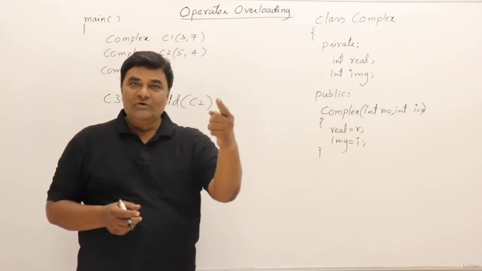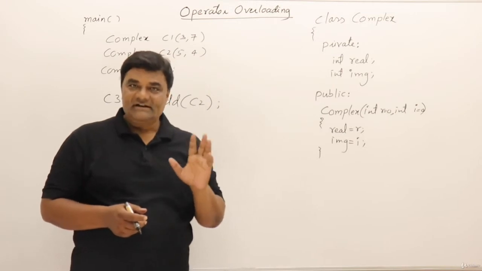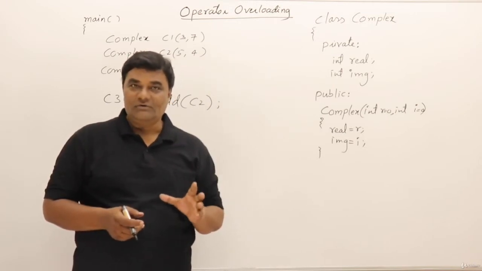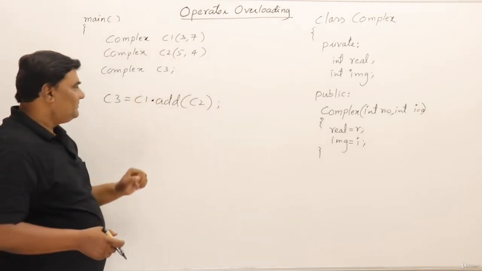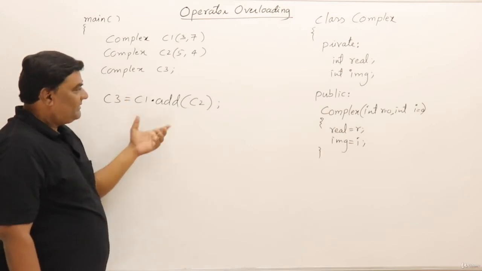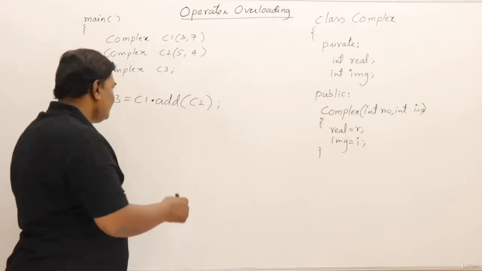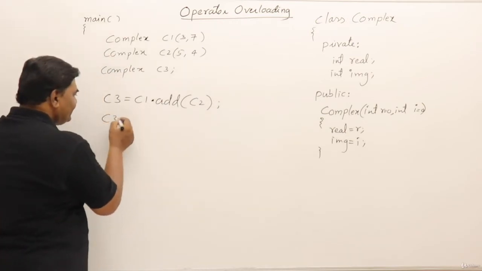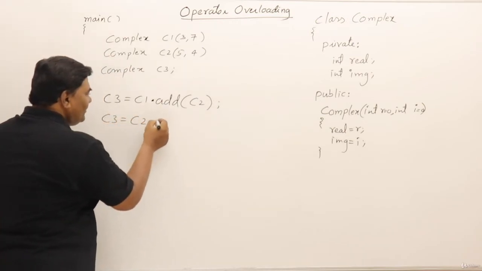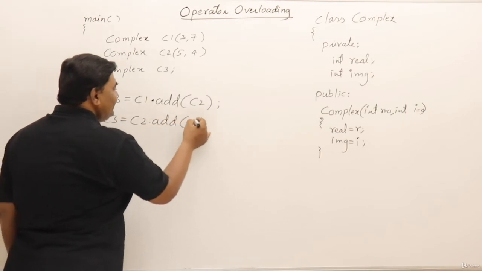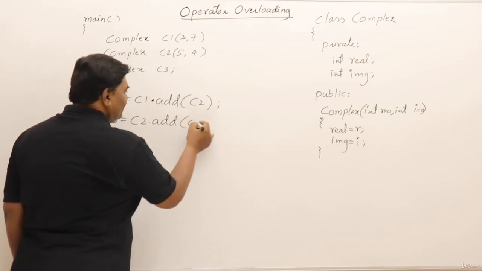So either you add it or I will add it, right? Any one of us will add this amount. Same way, who will add complex numbers? C1 will add by taking C2 as argument, or C2 will add by taking C1 as argument. So it can also be written like this: C3 assign C2 dot add, C1 will be taken as a parameter.